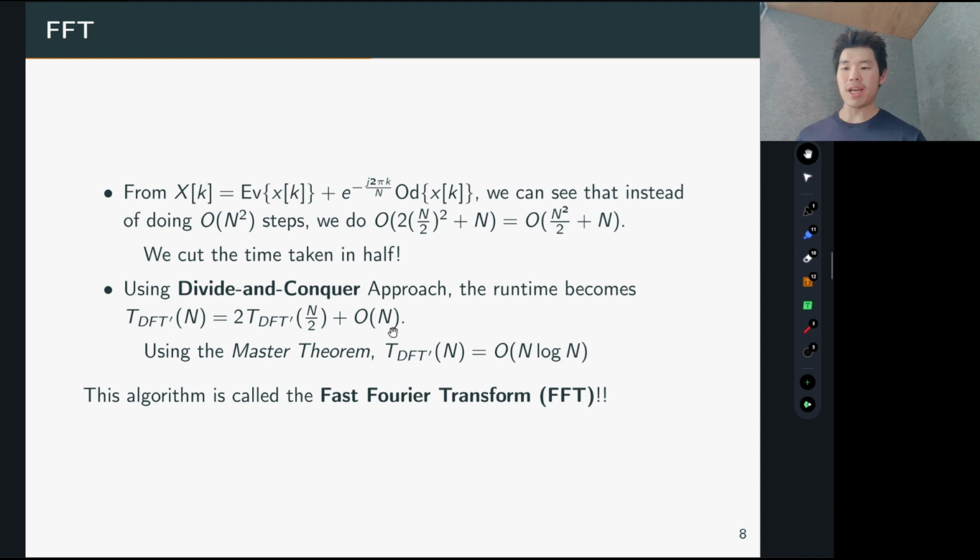Then using the master theorem, because this is a suitable master theorem recurrence relation type, you get N log N, which is pretty fast. It's faster than N², and this divide and conquer algorithm is called the fast Fourier transform because it's faster than the normal discrete Fourier transform.